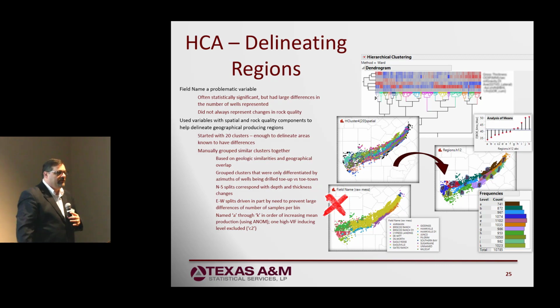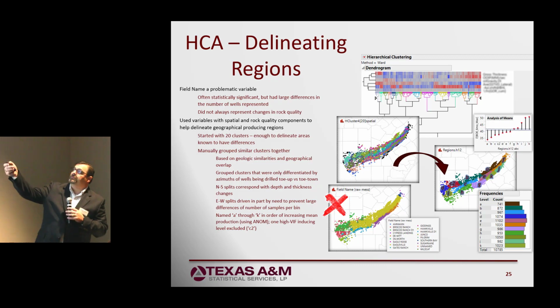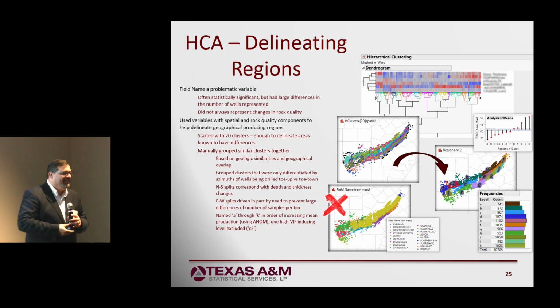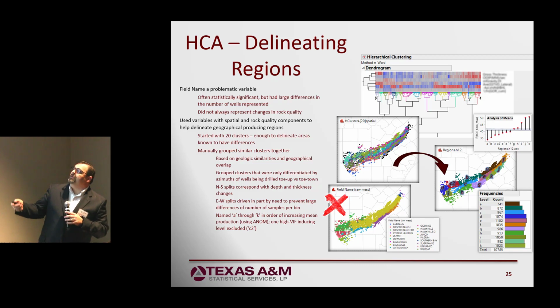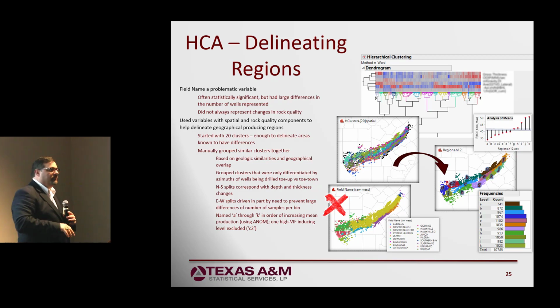So I had to make my own field names. I took a number of geologically oriented variables, which I've blurred out here. Again, intellectual property, apologize for that, but I used them to build my own fields. And then I used these fields to help explain the spatial variation of the Eagleford. And in quantifying that variance, I was able to build a more stable model which didn't have the same issues of autocorrelation that I might have had otherwise.